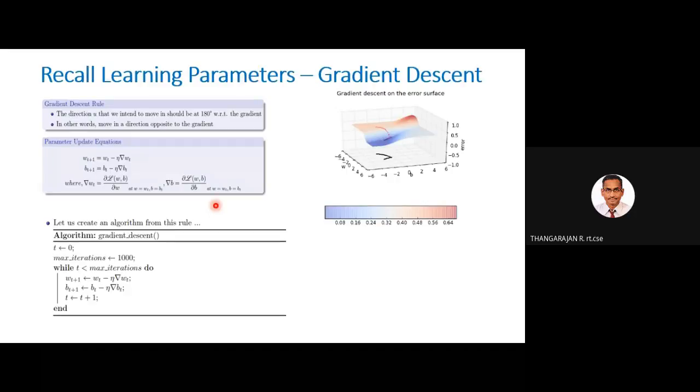Now you can see W of t plus 1 is equal to W of t minus eta times delta W. Delta W is the differentiation. I have to differentiate the error with respect to weight in such a way that I get the maximum reduction.